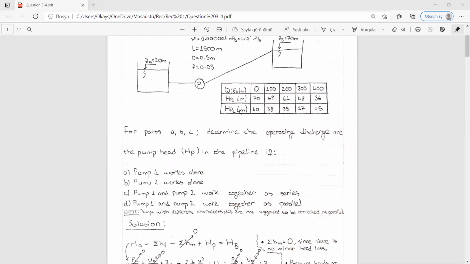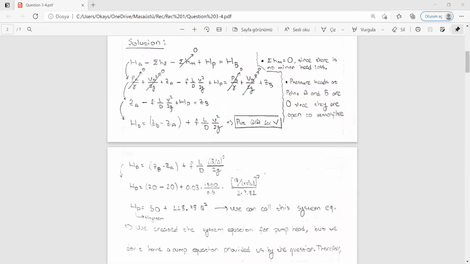What changes this time, since we put two pumps, is that we add their heads together. So what I mean is, this time for 0 discharge, as a combined pump head, we will have 70 plus 40, which means 110. So let me show you what I mean.